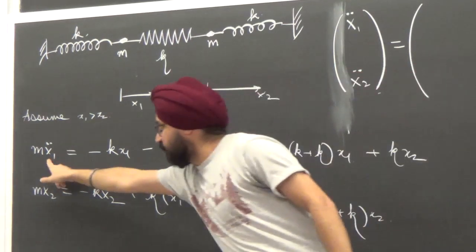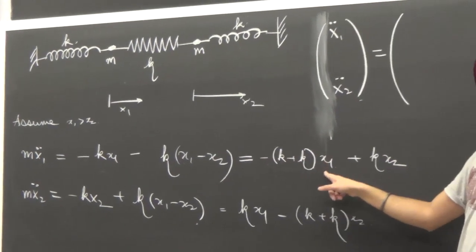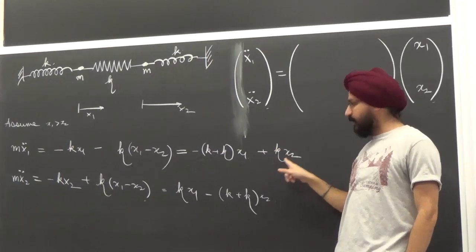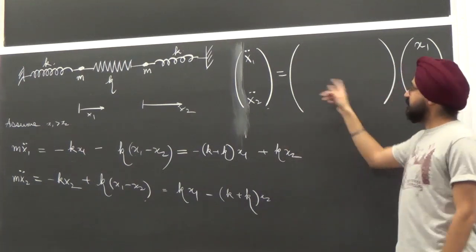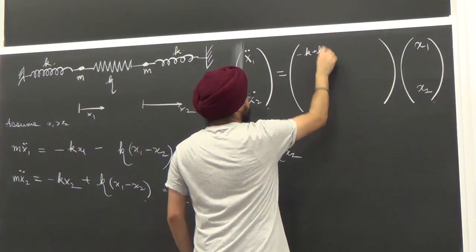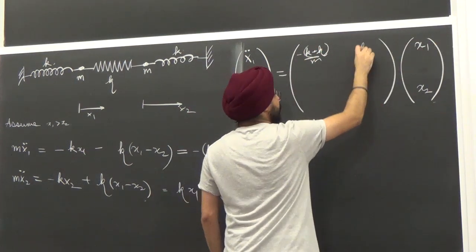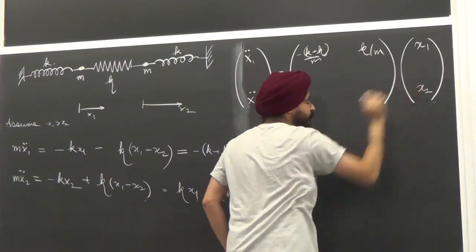So x1 double dot is minus k plus kappa over m times x1 plus kappa over m x2.